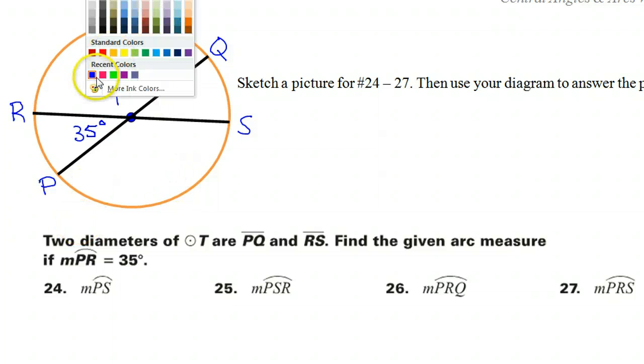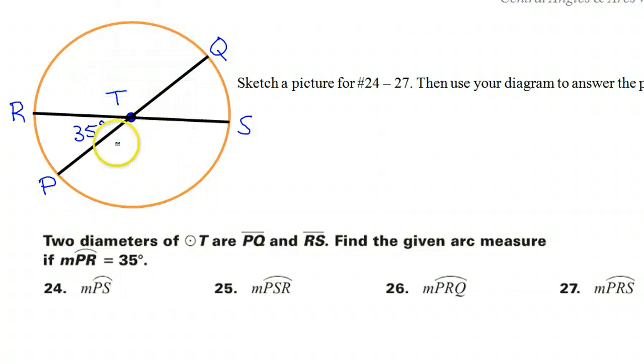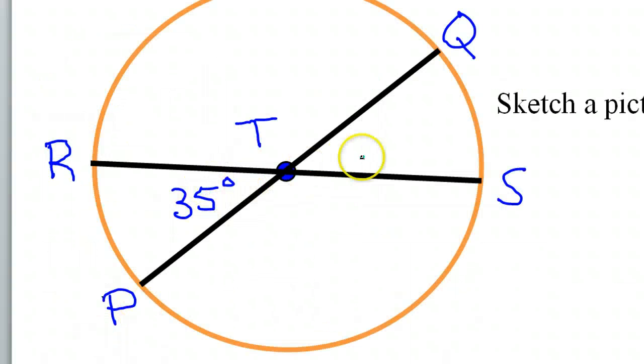Now, before I do anything else at all, let's do some more calculations. These are called vertical angles. When you make an X like this, it forms 4 angles, and the angles that are across from each other are always equal. They're called vertical angles. So if this is 35 degrees, then this will be 35 degrees.